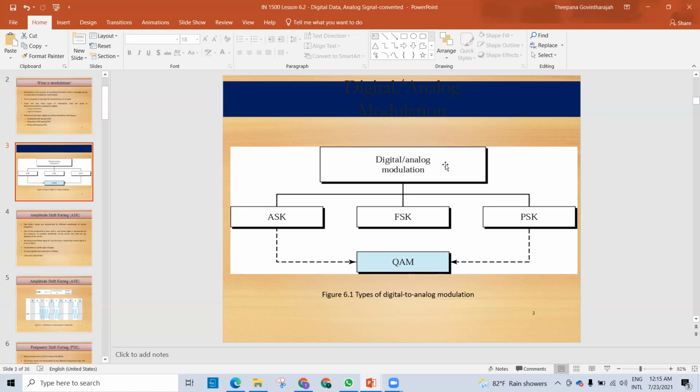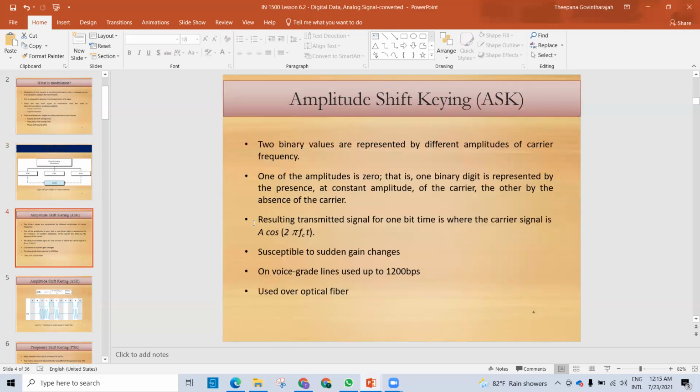For example, amplitude shift keying, which is also referred to as ASK, means we denote the binary zeros and ones, that means digital data, by separate amplitudes.